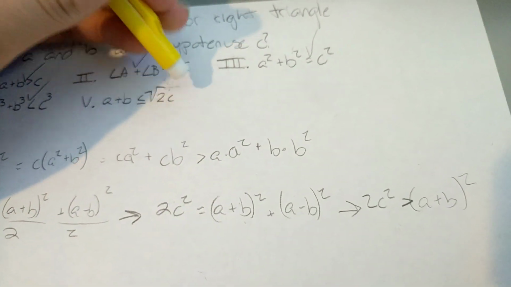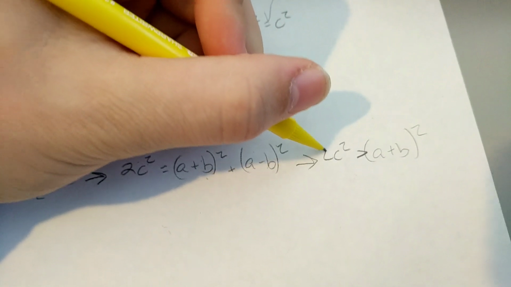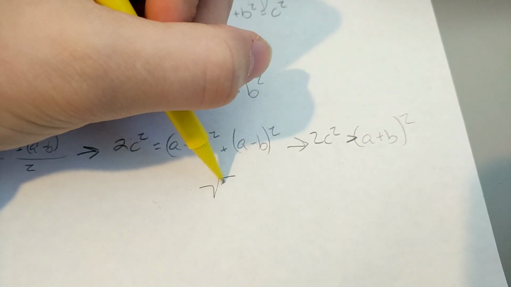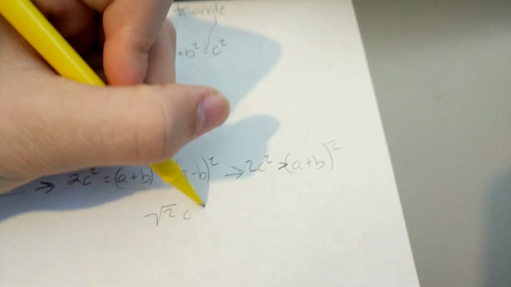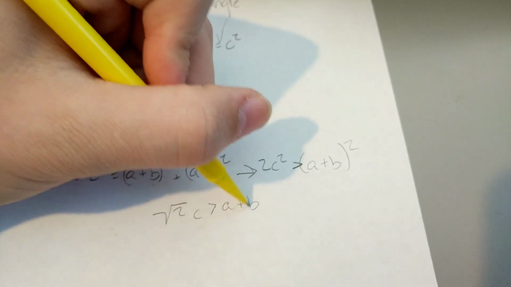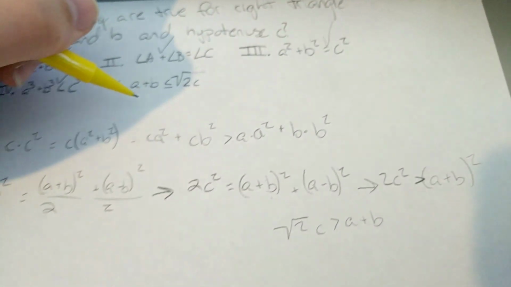Sorry about that. We take the square root of both. We take the square root of 2. C is greater than A plus B, which is exactly what this said.